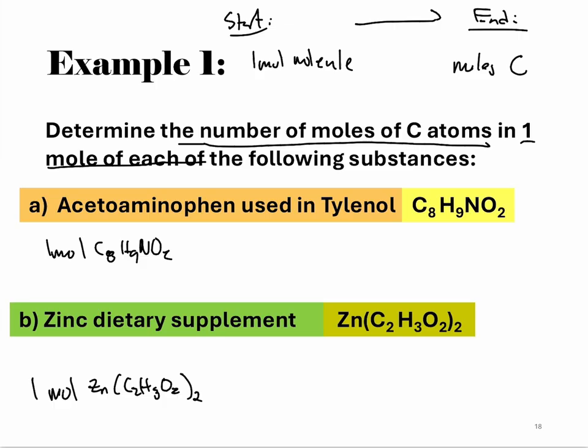Because it's the chemical formula that gives us the molar conversion. So for this first one, for every 8 moles of carbon, we have 1 mole of Tylenol.